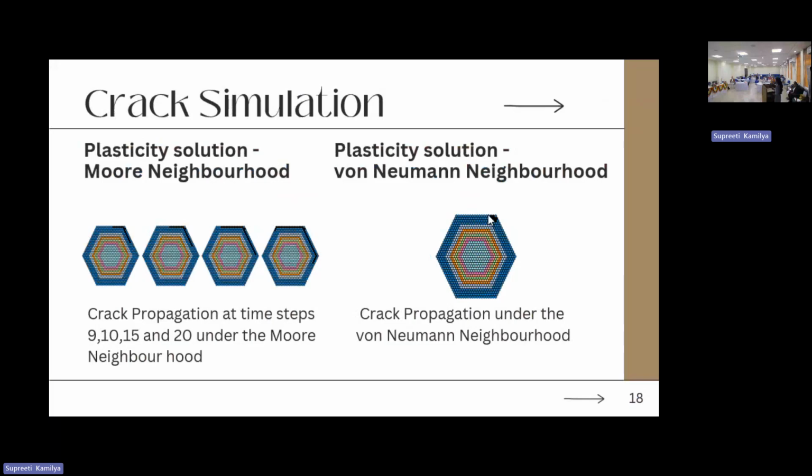Here it doesn't really matter whether the stress concentration in the inclusion is more than that in the matrix or not, because the system has reached a critical state, that is, a plastic deformation state. The crack is not able to propagate, and in both scenarios, we are seeing only limited crack propagation, and it stops at the outer rings itself.